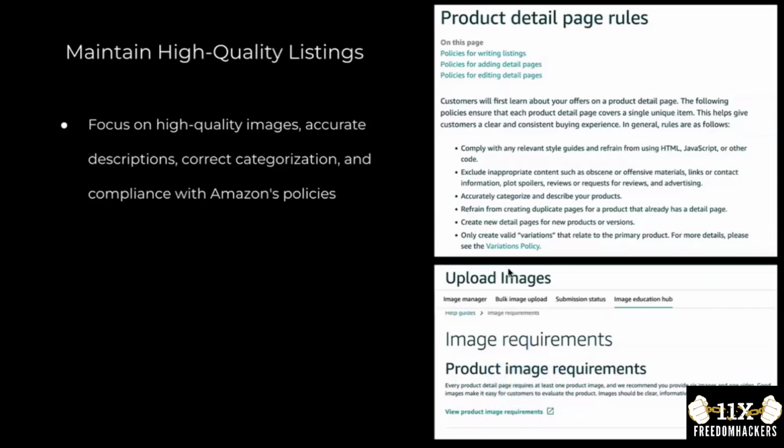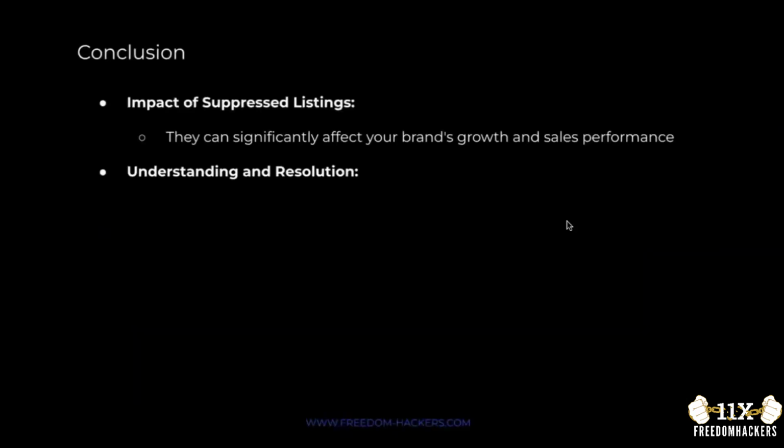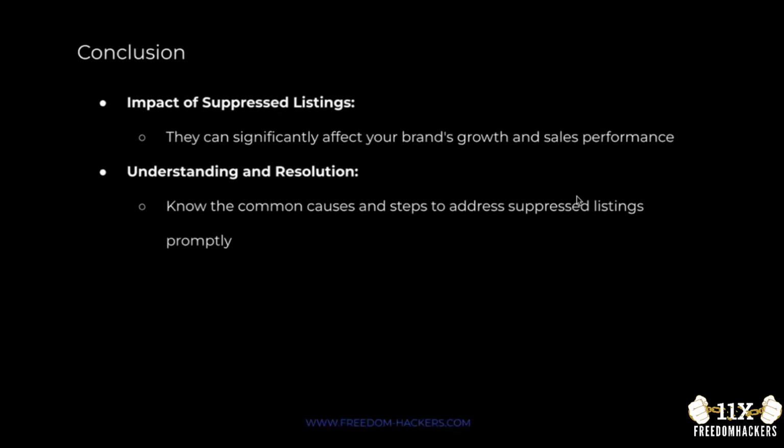High quality images, accurate descriptions, correct categorization, and compliance with the policies and so on, right? Suppressed listings can significantly affect the brand's growth and sales performance. You need to know the common causes and the steps to address suppressed listings promptly.